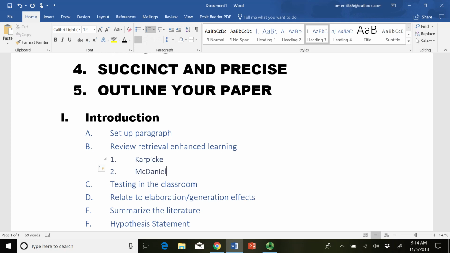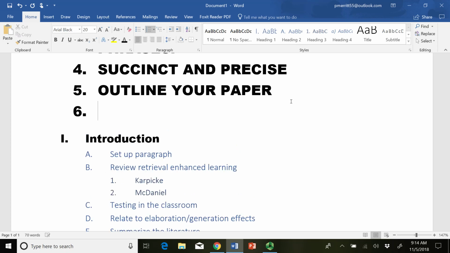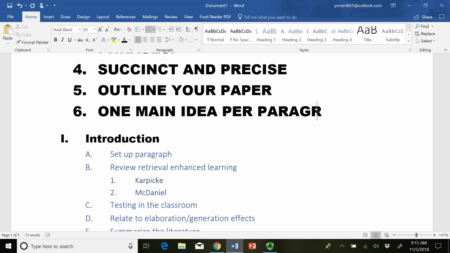And then you can start tying these together, so you can start seeing how you make an argument. So what you'll then do in this outline is put your thesis statement. One of the biggest things to understand is this is just like other writing. One main idea per paragraph.